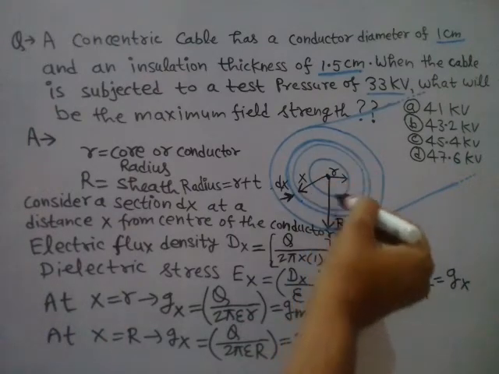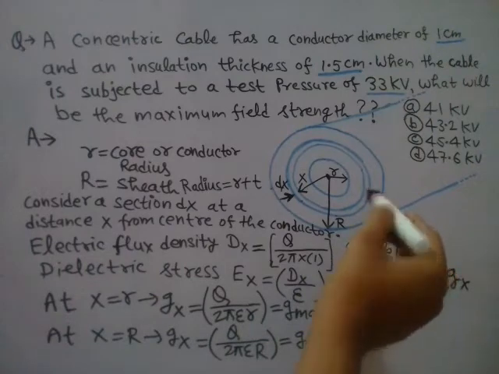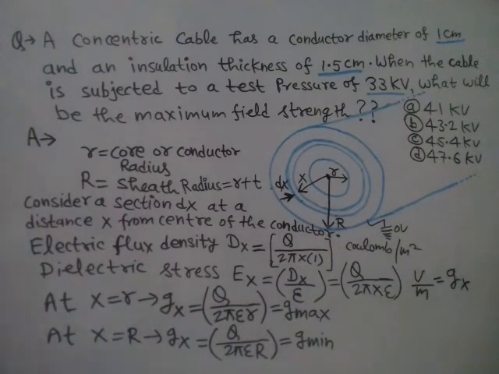So here I will have to write potential difference V is equal to integral from small r to capital R of the dielectric stress Gx into dx.